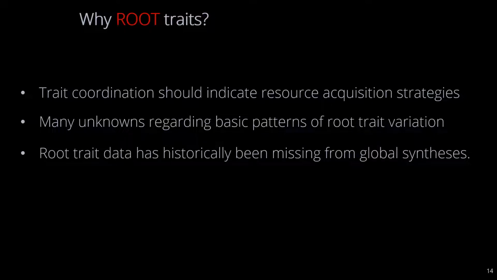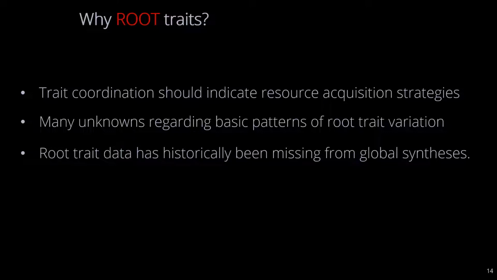So if you're into traits and you do plant trait analyses, you've almost certainly heard about the TRY plant trait database. It was and still is the single best place to go for plant trait data. And they will freely admit they have terrible coverage of everything below ground.